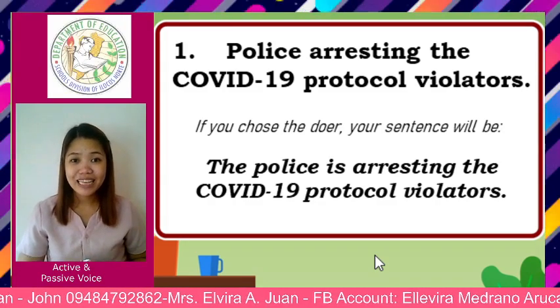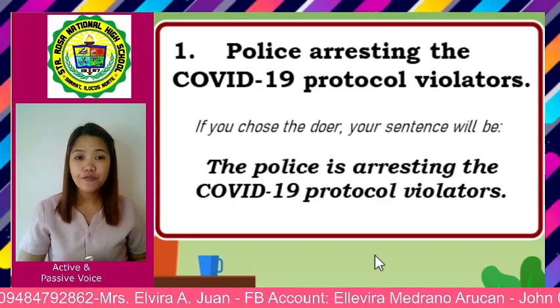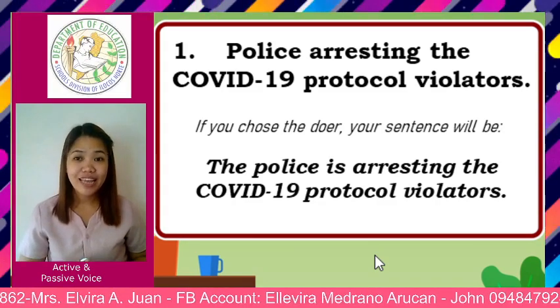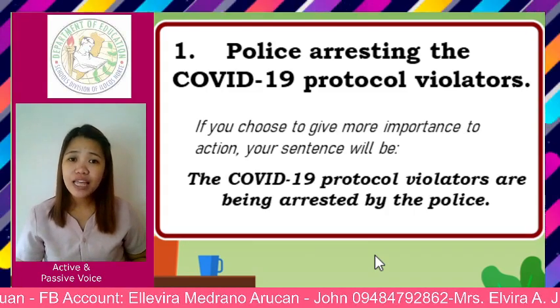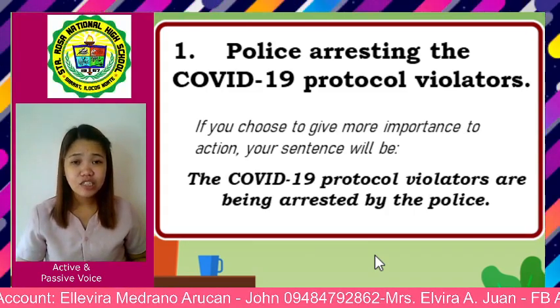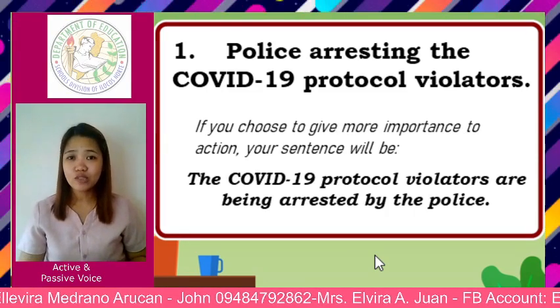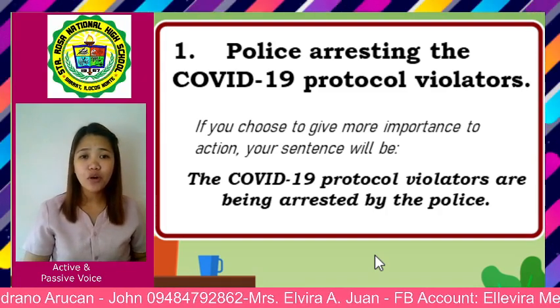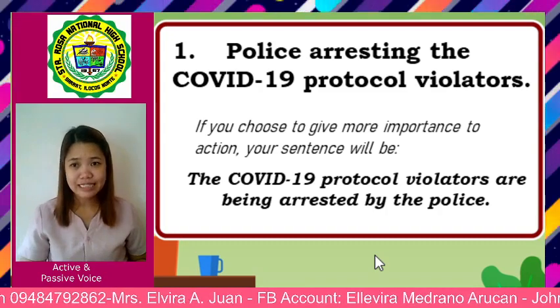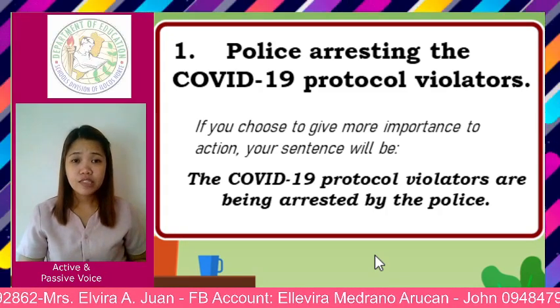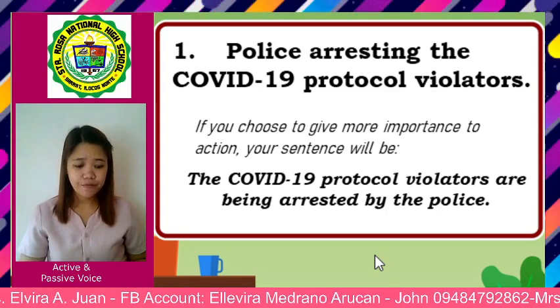If the doer is more important, then that is in the active voice. But if you think that the action is more important, then your sentence will be, the COVID-19 protocol violators are being arrested by the police. Okay? So that will be in the passive voice.